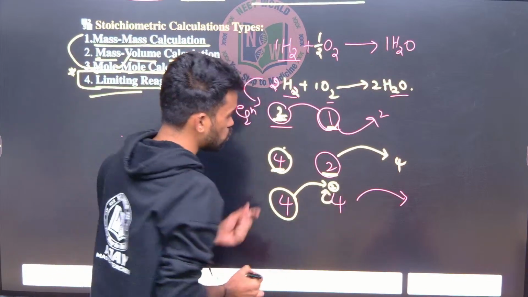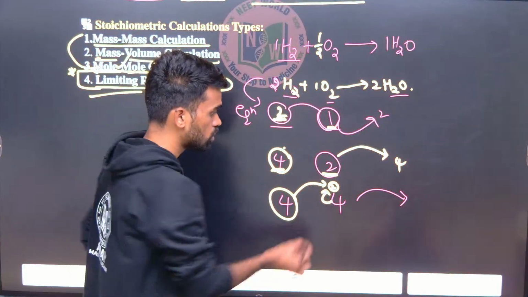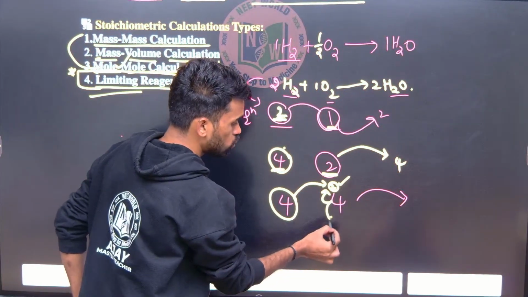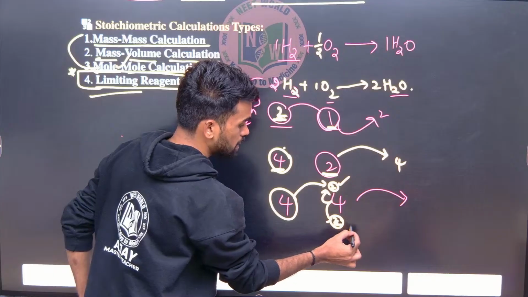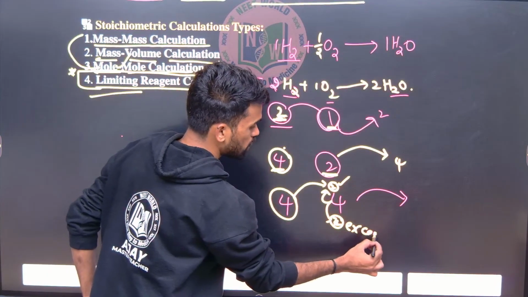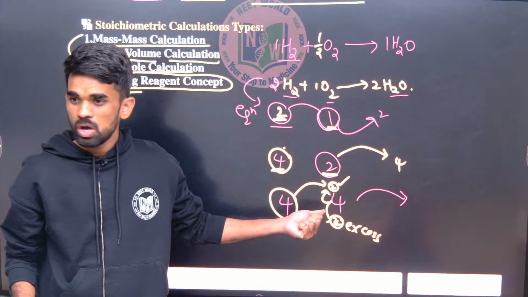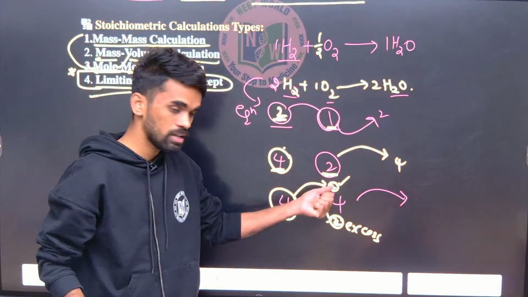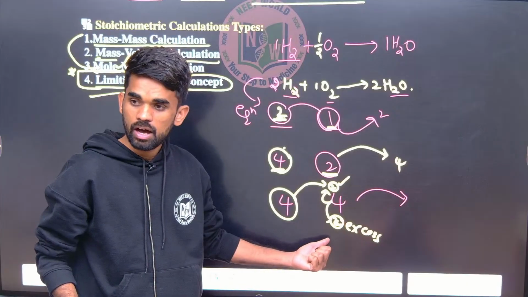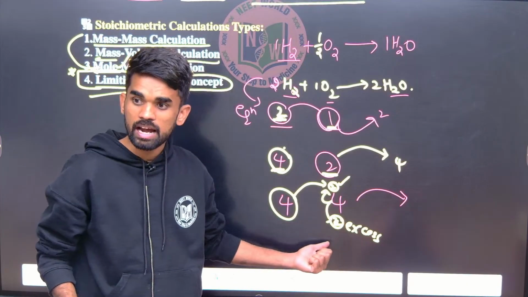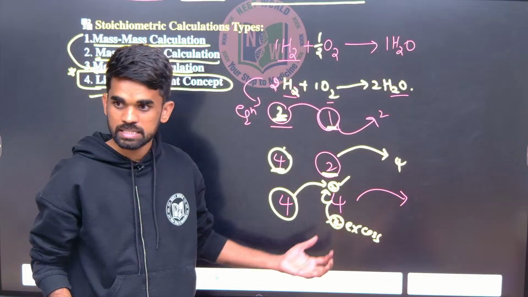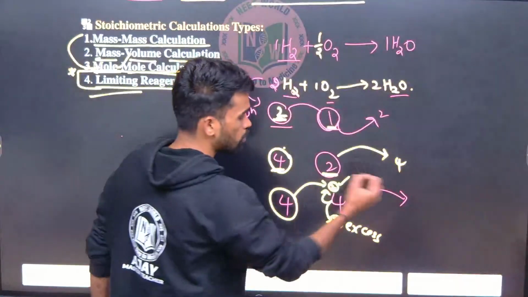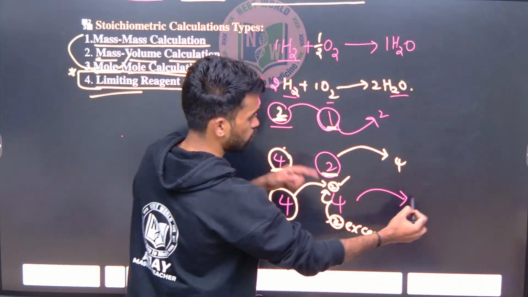So during the reaction, out of this 4 moles of O2, 2 moles are consumed and 2 moles remain in excess. For this reaction only 2 is required, but I gave 4. So 2 reacted and 2 remained as excess, or I can say unreacted. This is the extra. How many moles of product formed? 4 moles.